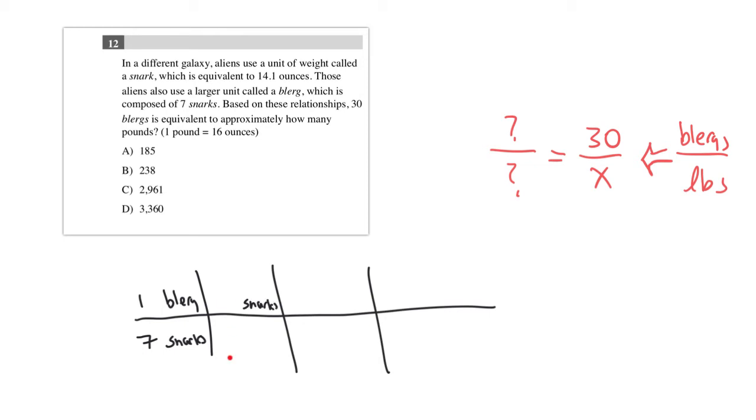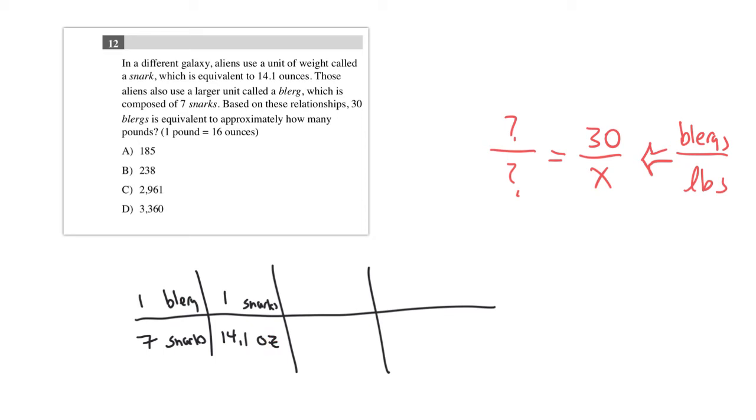So let's see if there's another relationship we could set up over here. Apparently, 1 snark is 14.1 ounces. So I'm just going to set that up. Now, I already can see that the word snarks are going to cancel, and blurg is up top where we want it to be.